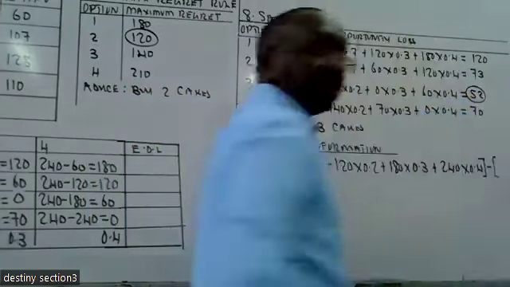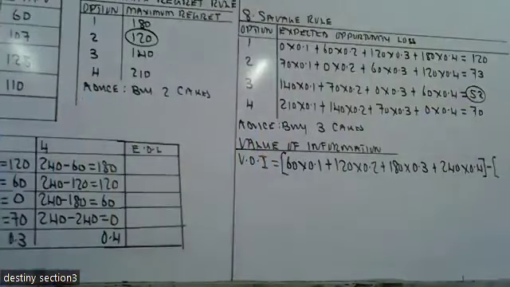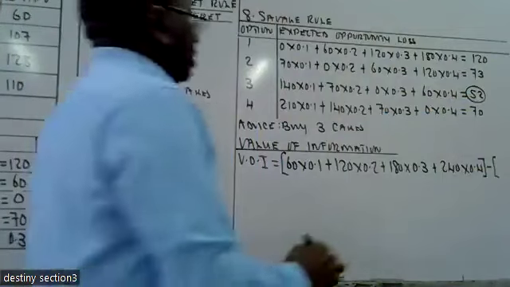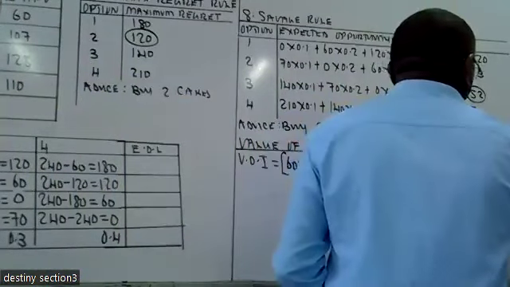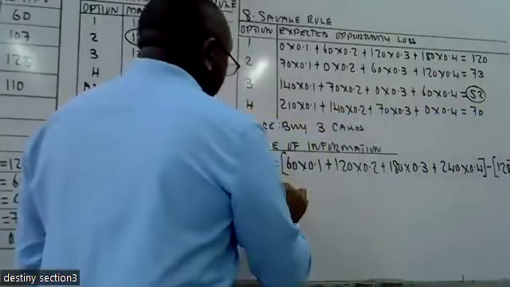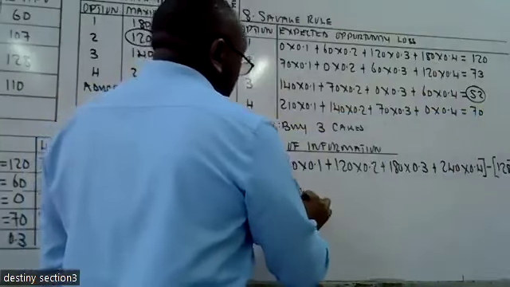Then you pick the highest expected monetary value, which we have gotten as 128. And the answer you get should be 52. Confirmed.